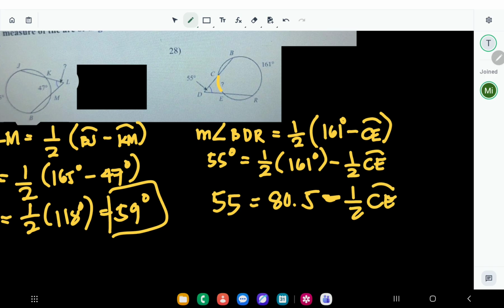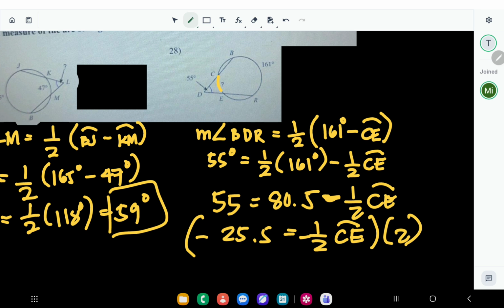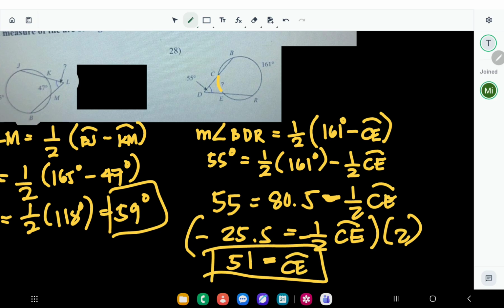Then 55 minus 80.5, this is negative 25.5 equals negative 1/2 CE. Then you multiply both sides by 2, times 2. So we have 51 equals CE. So arc CE, the minor arc, is equal to 51. Okay, can you please clear the board?